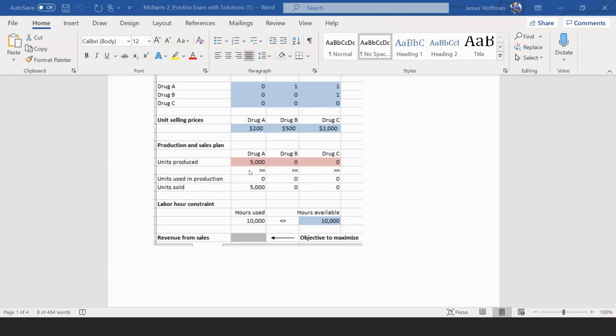And this one is right here. So just see how for each of the drugs, the units produced in these three cells have to be greater than or equal to the units used in production for each drug. So we're just simplifying and saying that the units produced for drug A, drug B, and drug C have to be greater than or equal to the units used in production for each of the drugs. So you're just describing this constraint right there.